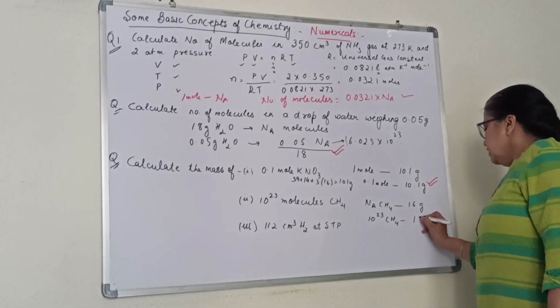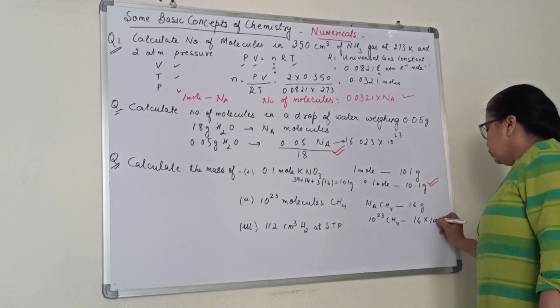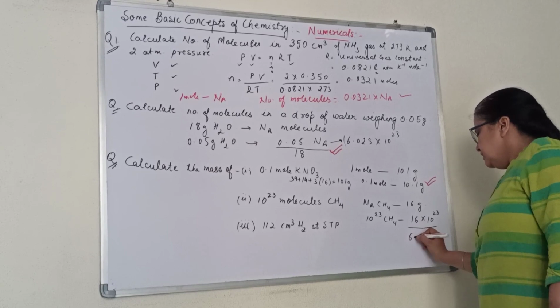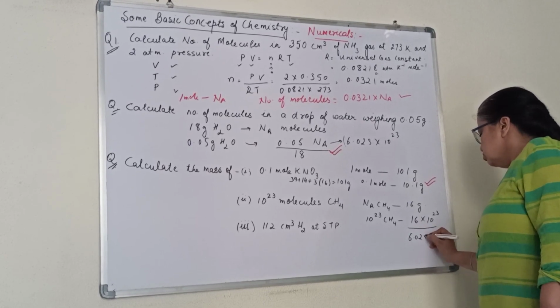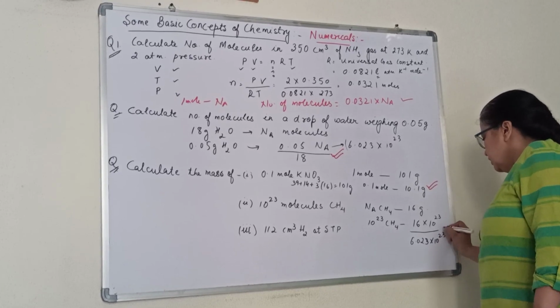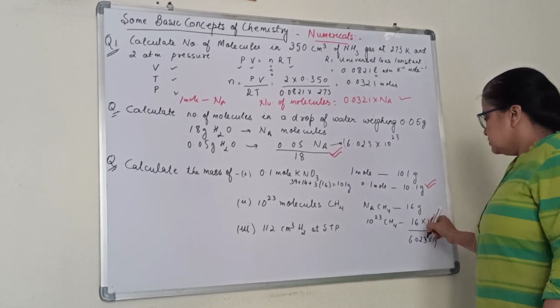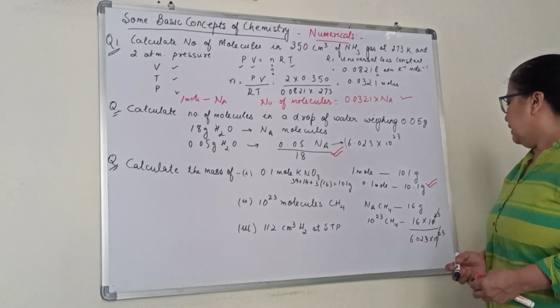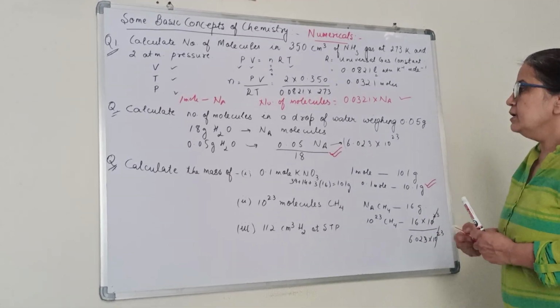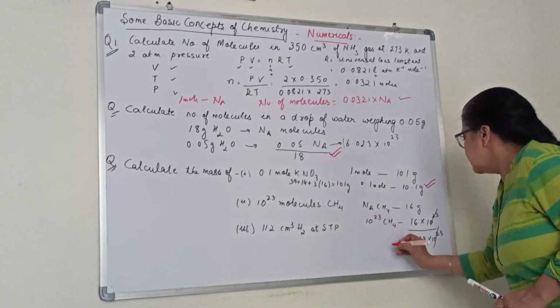We can solve it: 16 into 10 to the power 23 divided by Na, that is 6.023 into 10 to the power 23. So this will get cancelled. I think you can solve it on your own. 16 by 6.023. This is the answer for the third question.